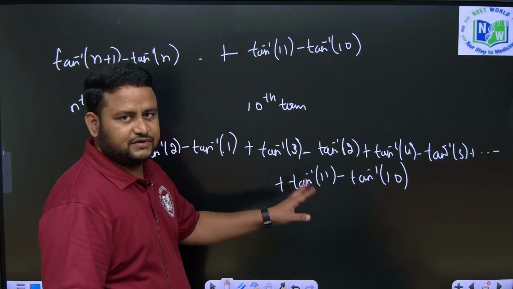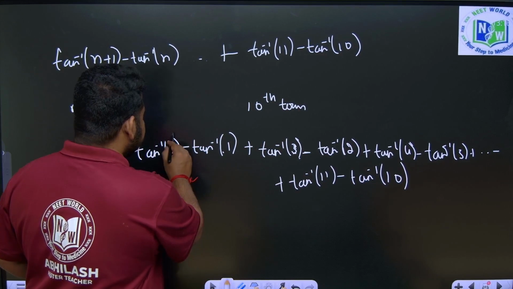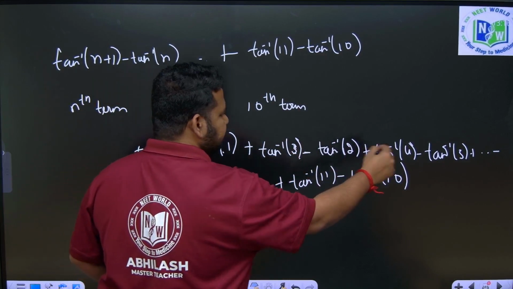Correct? Now if you see this tan inverse of 2, and this tan inverse of 2, plus and minus, everything will get cancelled.